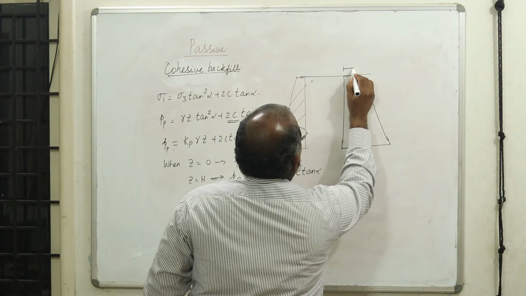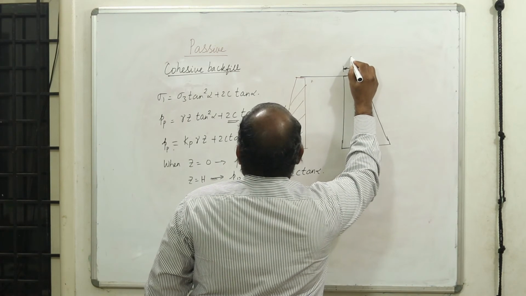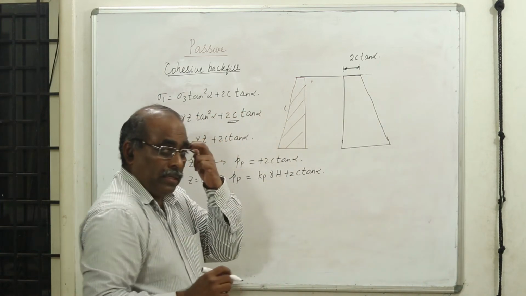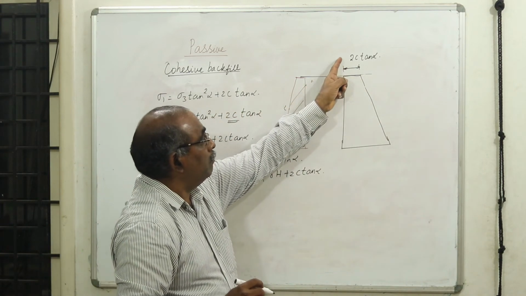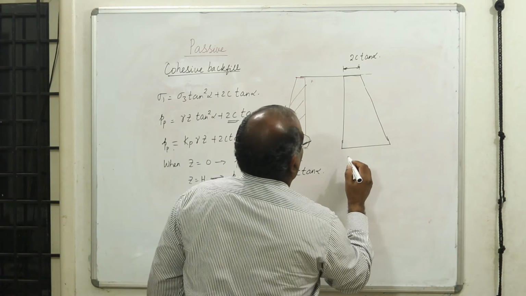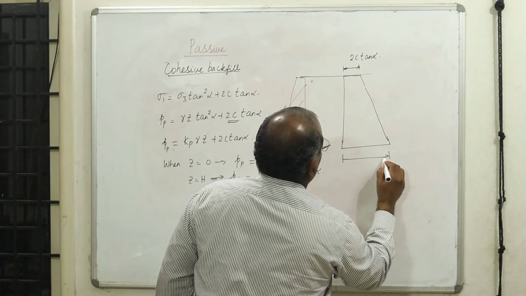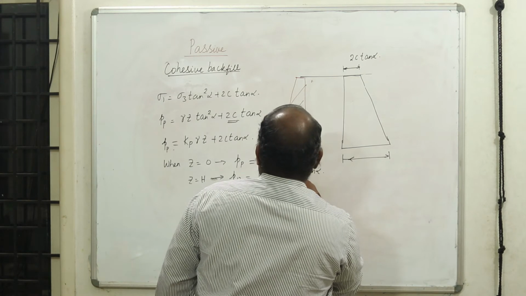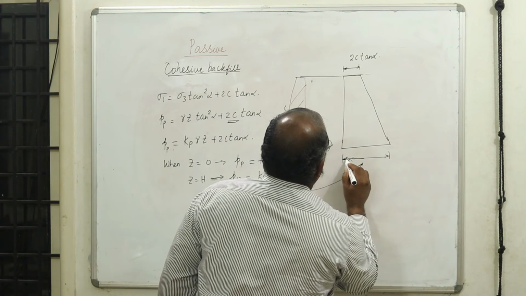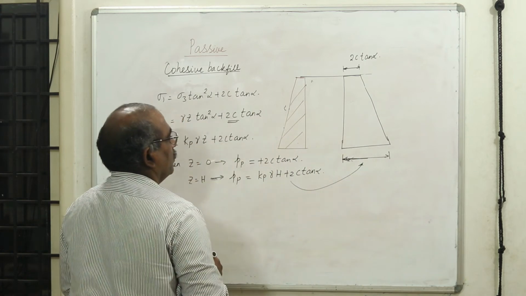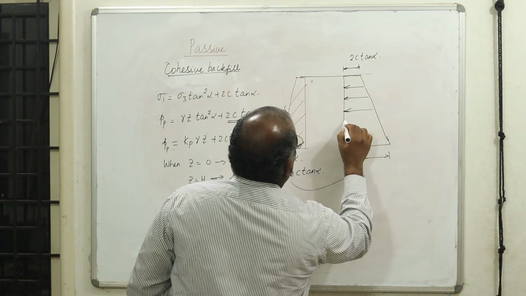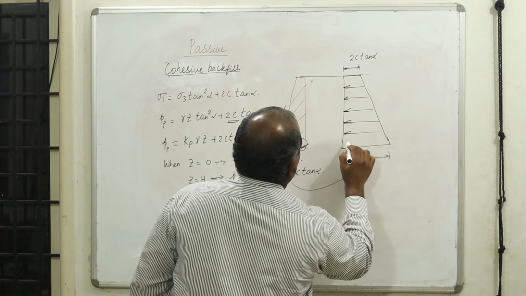We will have a positive pressure distribution equal to 2c tan alpha. In the active case, we had minus 2c cot alpha. Here it is positive 2c tan alpha. Therefore, you are going to have a trapezoidal pressure variation.